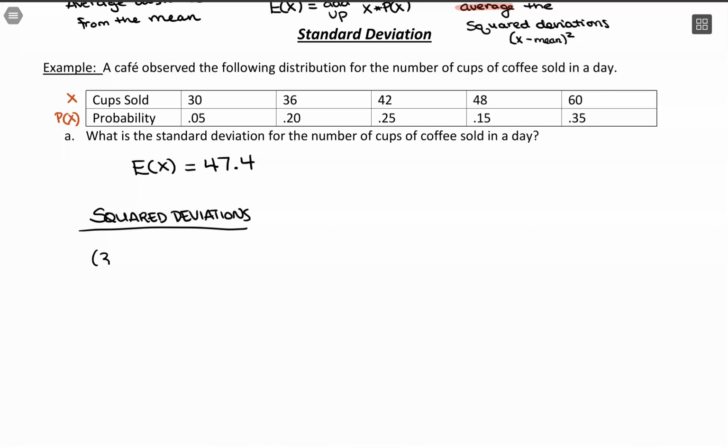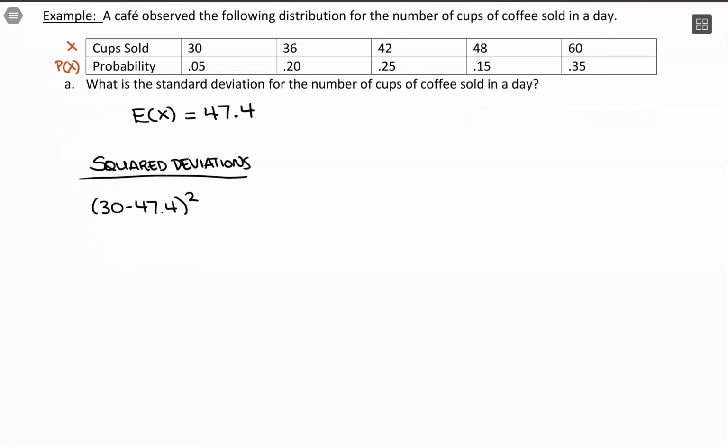So what we'll do is take 30 minus 47.4, and we want to square that difference so that we're only getting positive values out. 36 minus the mean squared, 42 minus the mean squared, 48, and 60.